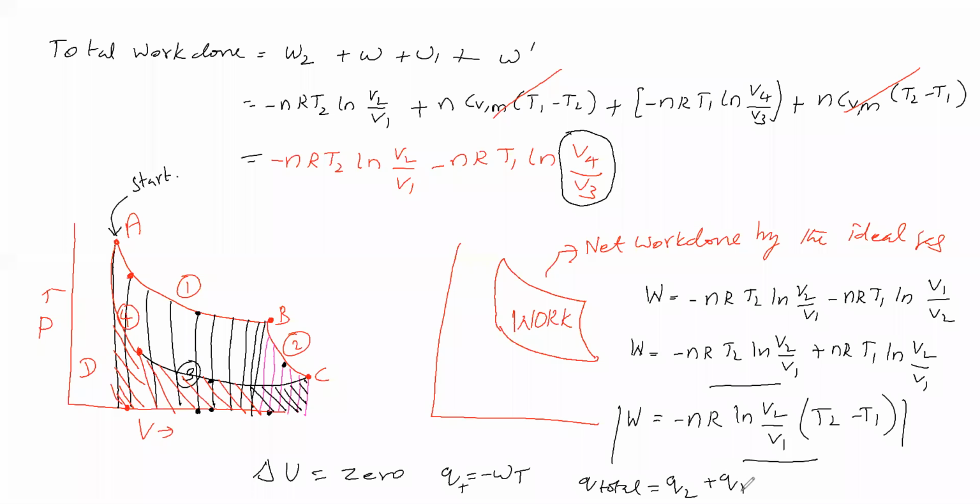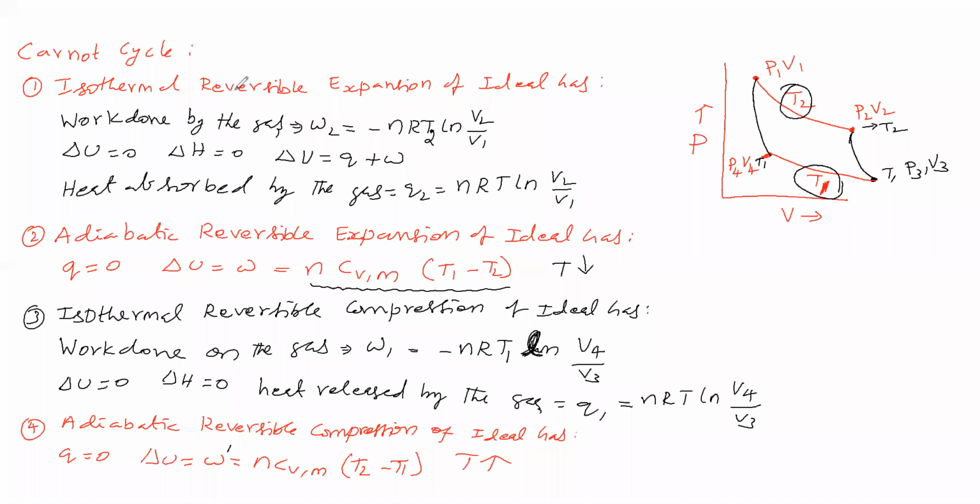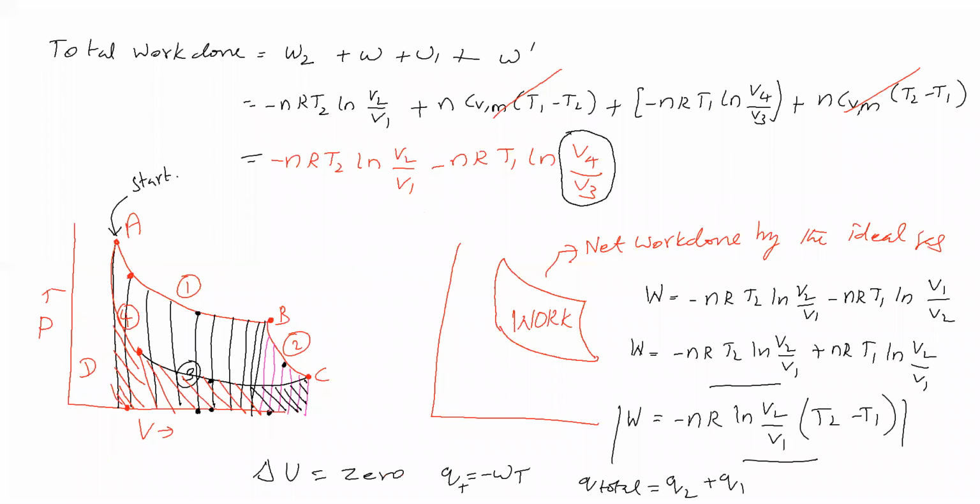Fourth step, heat involved is 0. Therefore, total amount of heat is how much? Q2 plus Q1. That is the total amount of heat. Okay. So we got total amount of heat, we got total work done. This is about a Carnot cycle.